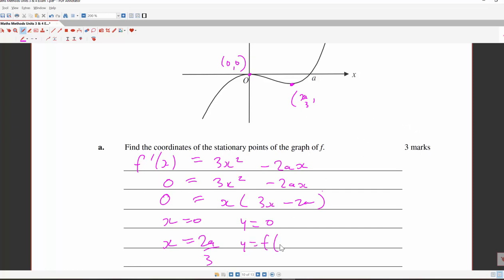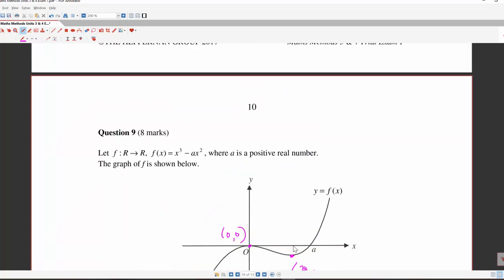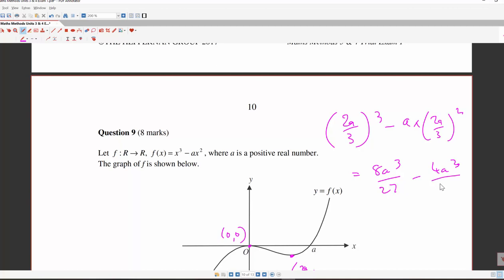We'll do f of 2a on 3 equals 8a cubed over 27, take away 4a squared times a cubed over 9 times 3, that's 12, which gives negative 4a cubed over 27.